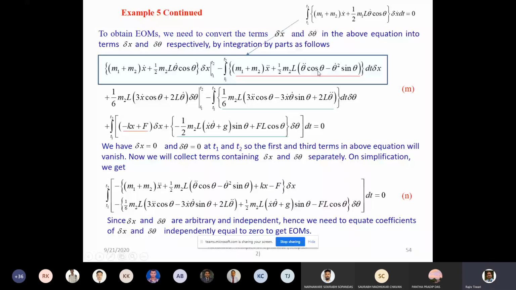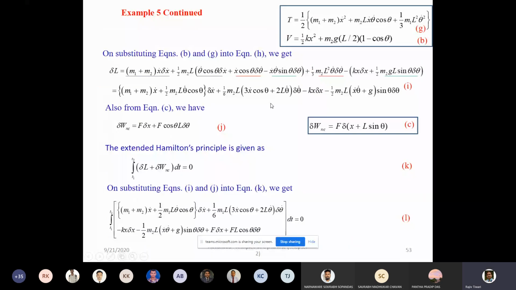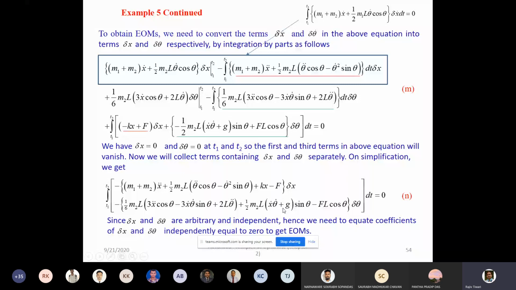And here, this is the first term, I have shown how we can do it. Similarly, the second term, which contains the delta theta dot, can be integrated by part. So this is the first part, second part, limits, and then the differentiation of the first part and the variation of the theta will be outside.